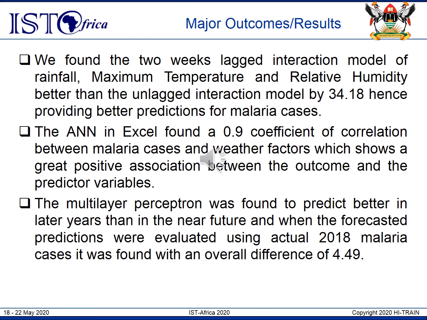So after getting our predictive models, we got the available 2018 data, and we ran our multi-layer perceptron, which gave us predicted values, and they only had a difference of 4.49, meaning that this can actually be utilized in predicting the future malaria cases occurrence.